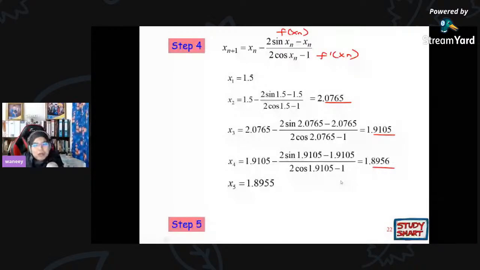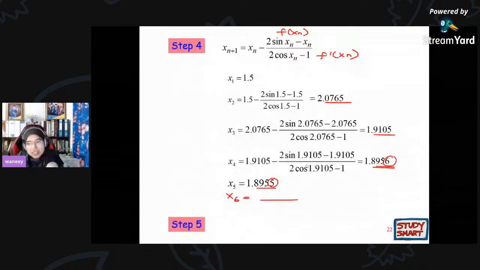Normally for me, I prefer to make sure I have the same decimal places. So this one is 4 decimal places, this one is also 4 decimal places but the back part is not the same. So normally I'll continue until x6. I only stop when everything is exactly the same. So for this one I forgot to continue, so continue then.